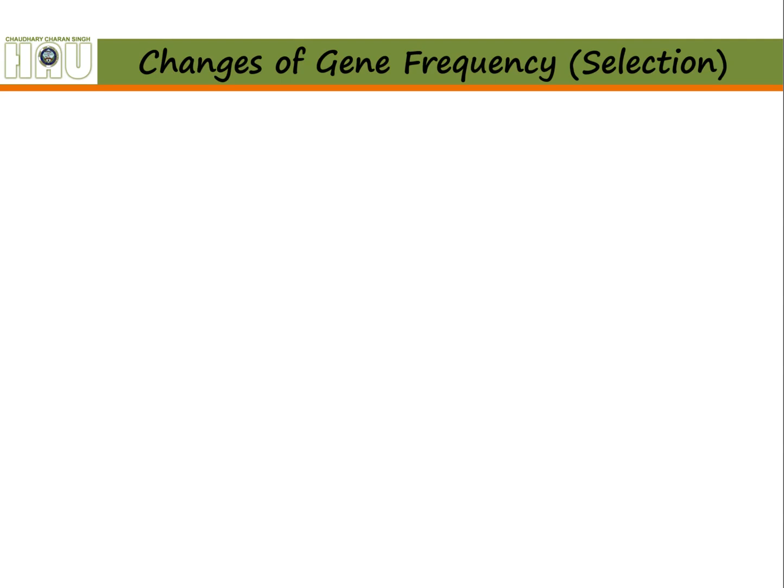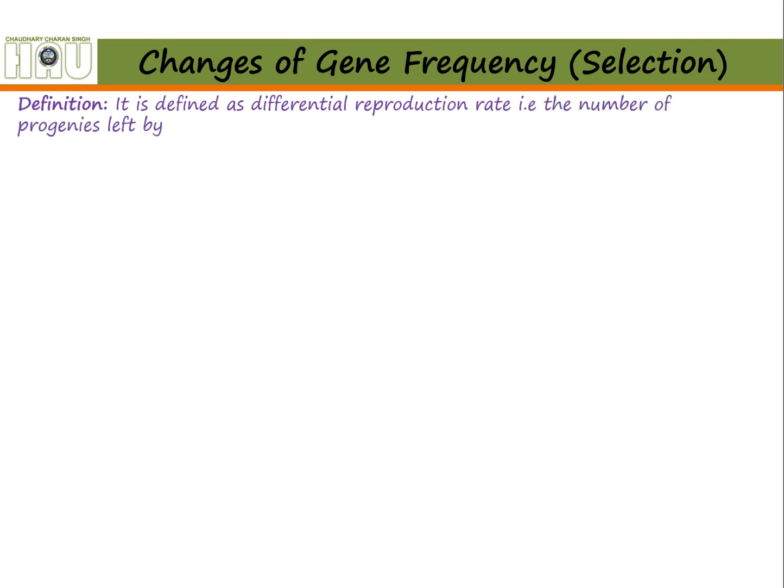We have covered migration and mutation in previous lectures. So today we will discuss how the change of gene frequency occurs in a population when selection is made. First of all, we will define what selection is. It is defined as differential reproduction rate, that is, the number of progenies left by an individual to reach maturity or equilibrium.